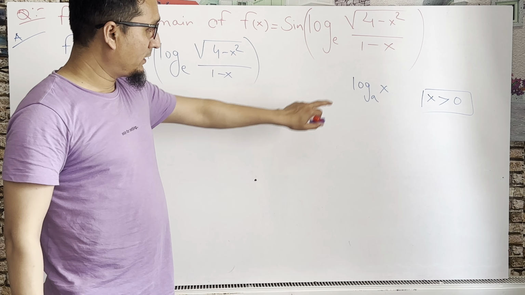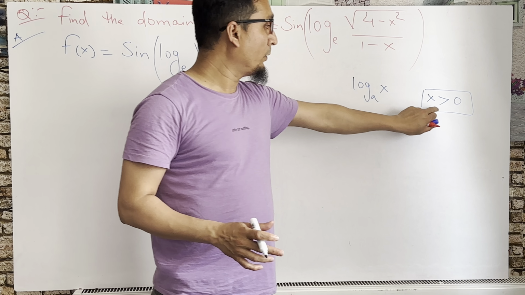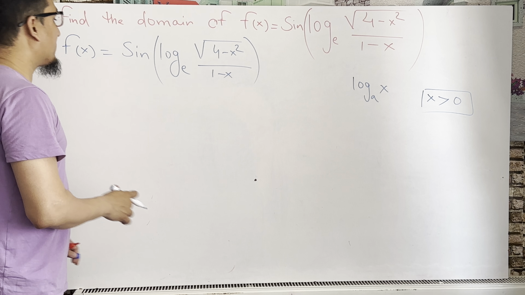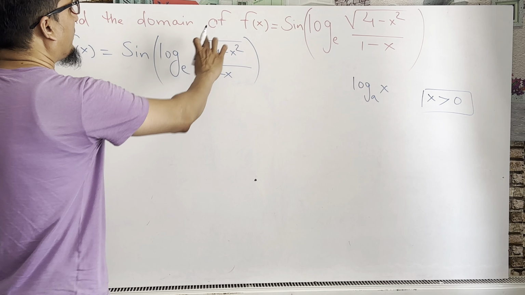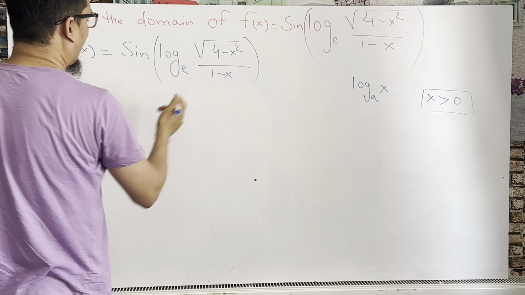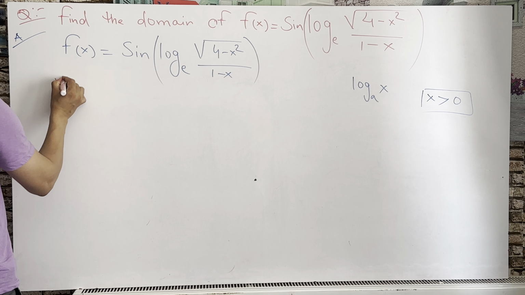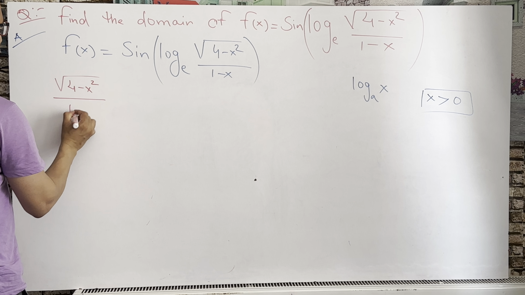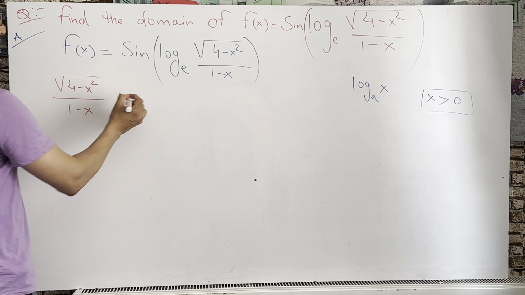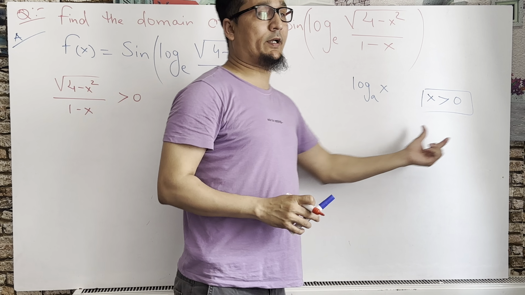For any logarithmic function, x must be greater than 0. So here this is log base e, so this must be greater than 0. So the square root of (4 minus x squared) divided by (1 minus x) must be greater than 0. I just make this condition here.